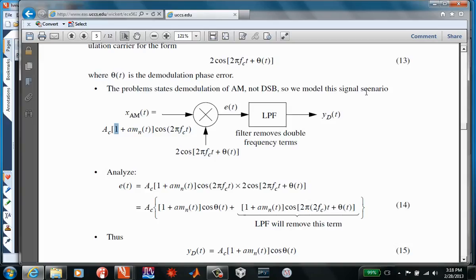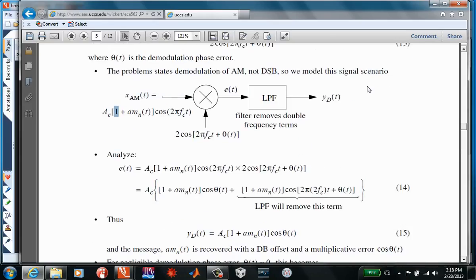It's the closest one to double sideband, and because that constant is in here, when you get through the coherent demodulation process, you now get all of that back out again. And if you have a perfectly coherent carrier, what is that term going to be? 0. It's 0, right?